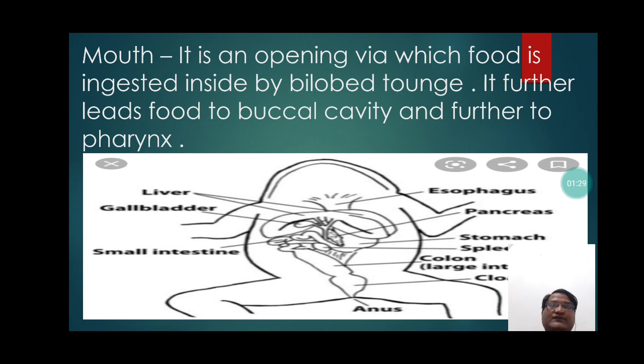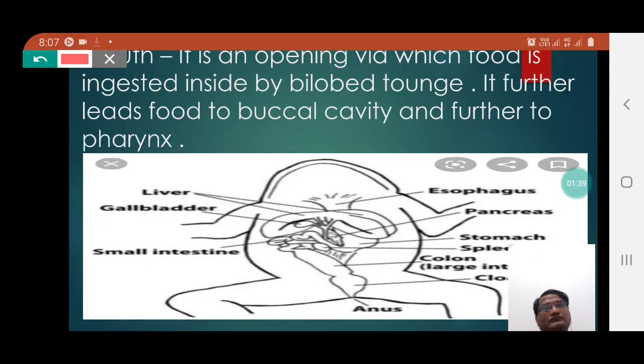It further leads food to buccal cavity and further to pharynx. Students, mouth is actually an opening through which the food is taken inside the body of frog by bilobed tongue.